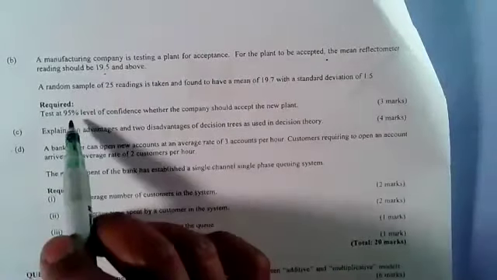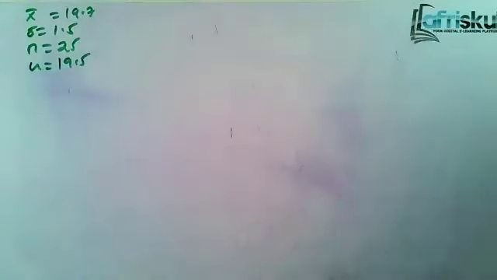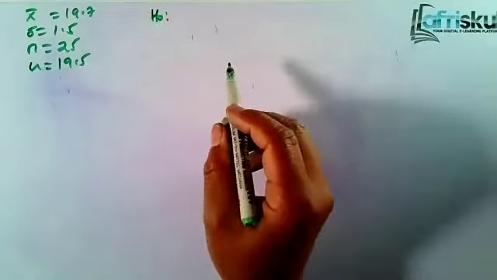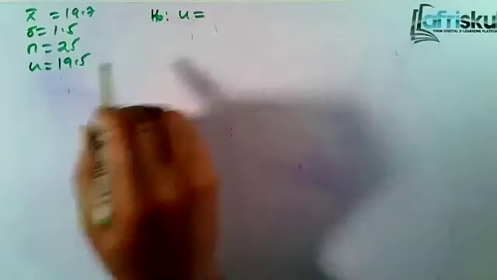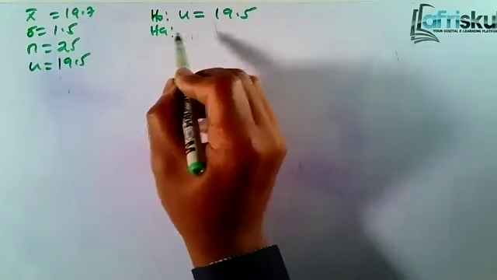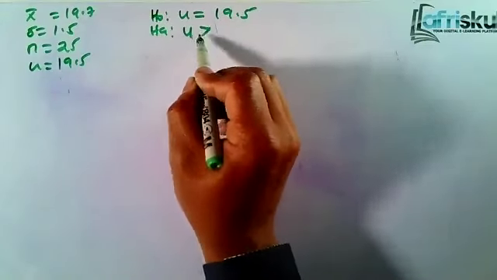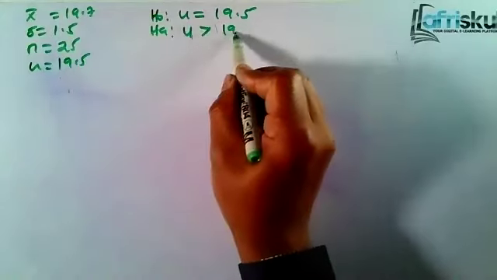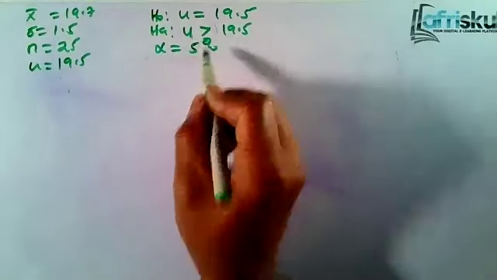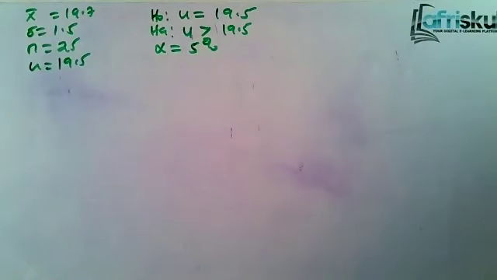Tunatafuta 95%. So tukirudi hapo, tulisema step number 1 is null hypothesis. So utasema U is equals to 19.5. Alternate, U should be greater than 19.5. Alpha, tumeambiwa tutumie, you see we are told 95% level of confidence.